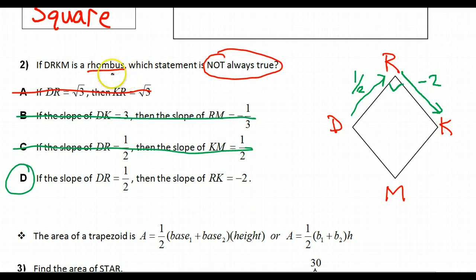If this is a rhombus, is this always going to be 90 degrees? No. That's only if it's a square. And it's not necessarily a square, it's just a rhombus. So this will not always be true because it's not a square. So D is the answer because that's the one that's not always true.